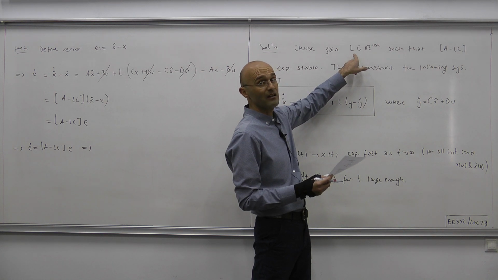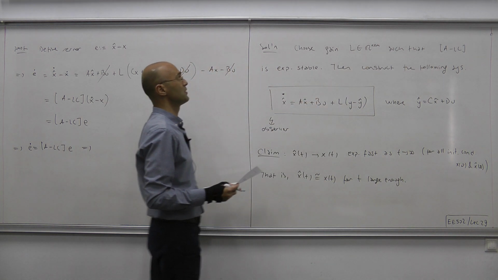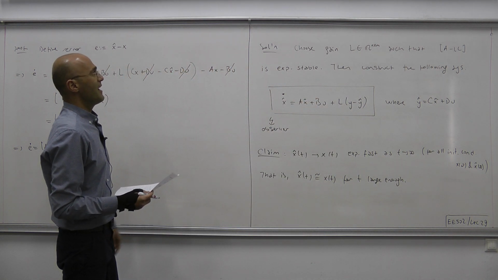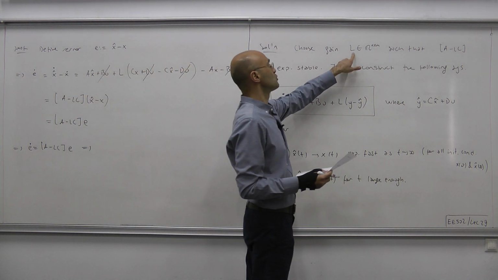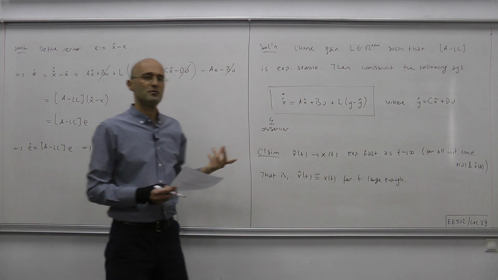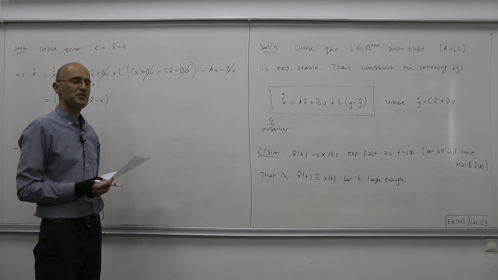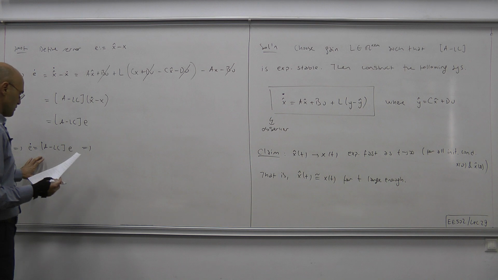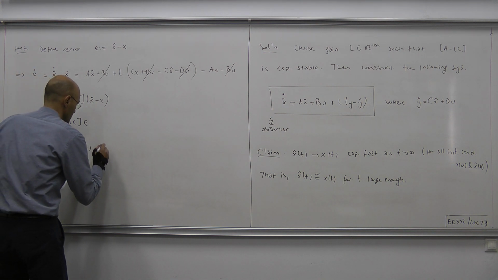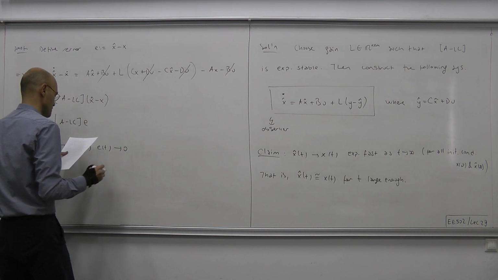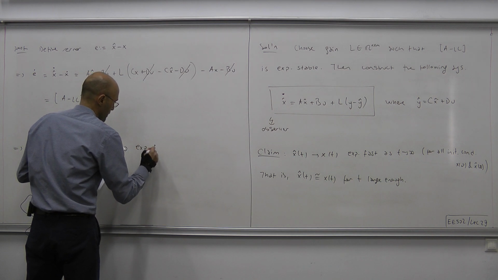Because we chose L to guarantee that, and the reason that we were able to choose such an L was that the pair C, A was detectable. So this implies E of t converges to 0 exponentially fast.